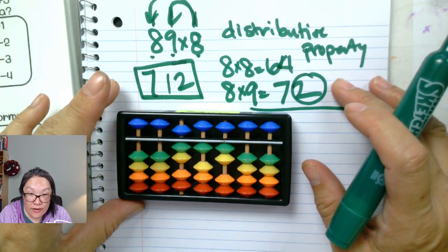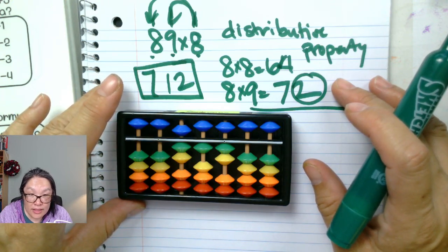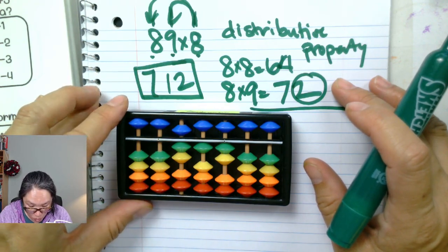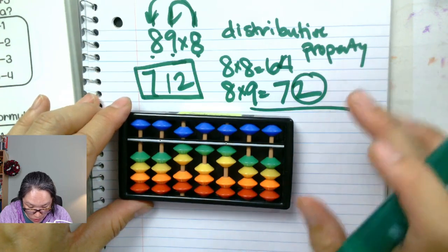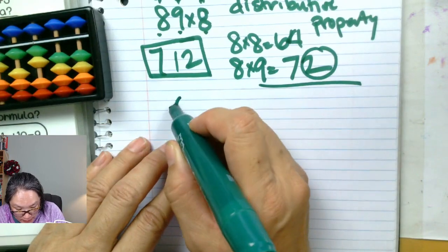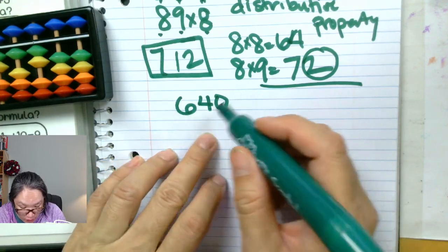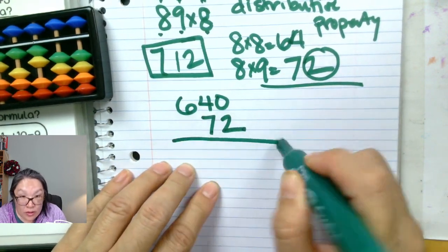So the 72 is 1 place lower than 64. No. When we're doing it, it's supposed to be like this: 640 plus 72.